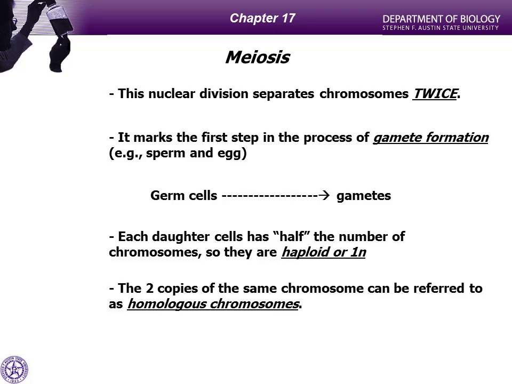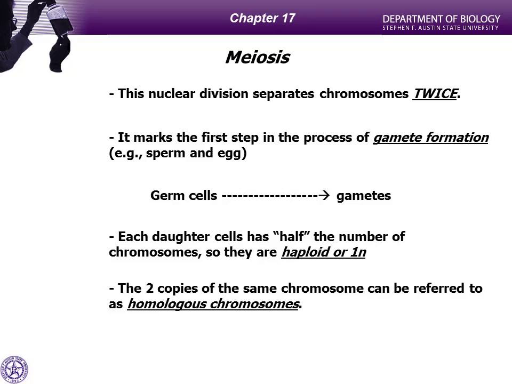But you've got to understand those steps because meiosis is 2 divisions, one after another. Very similar to mitosis, but different enough to make it fun on a test. All right? So, meiosis is called a double division.